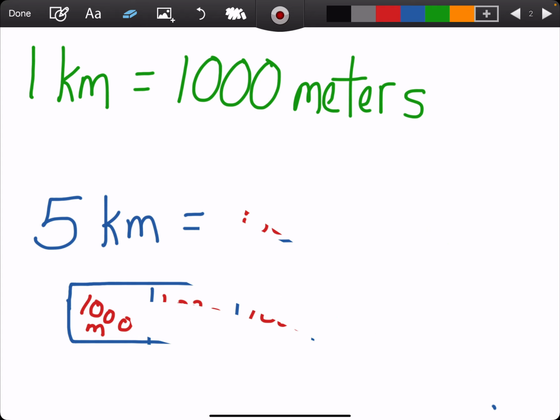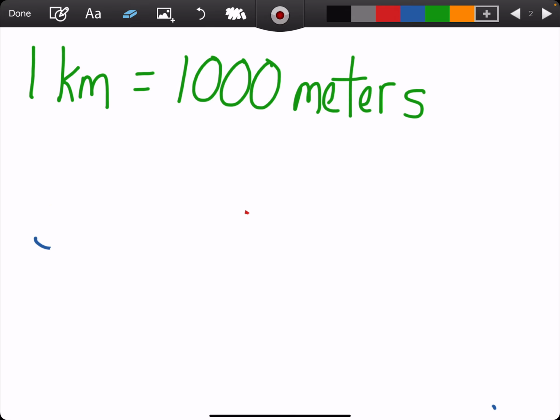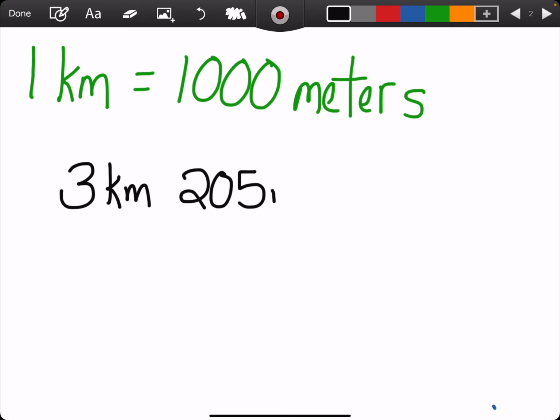Now, let's say you had to do a mixed conversion. This, I will tell you, you are going to see. This is just what was on the review sheet. So, if you had to say 3 kilometers and 205 meters equals how many meters? Here we're trying to find meters, so I want to turn this into meters.